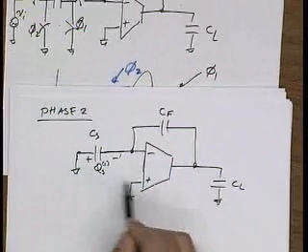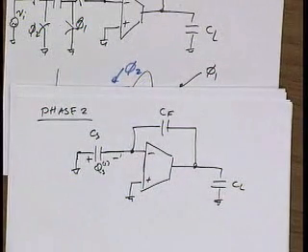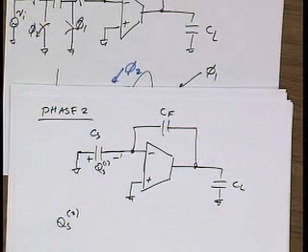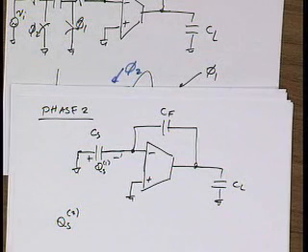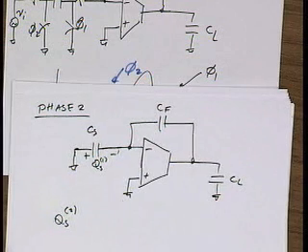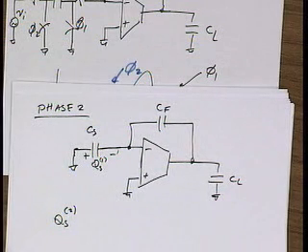What happens in phase 2? What happens to QS in phase 2? Because what happens to this charge? I have a capacitor.